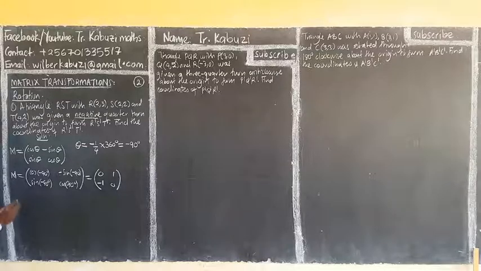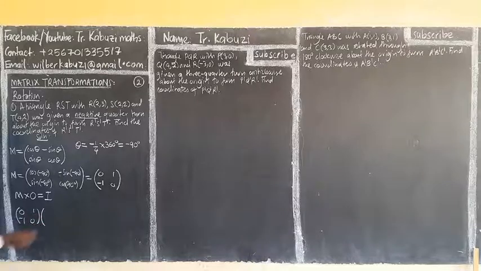So meaning, now you know that your matrix times the object gives you the image. I have the objects here. So now this is the matrix I'm going to use: 0, 1, negative 1, 0, times the objects.